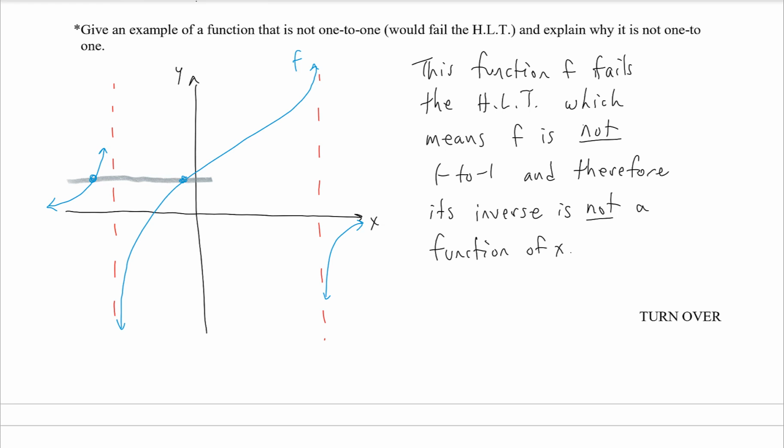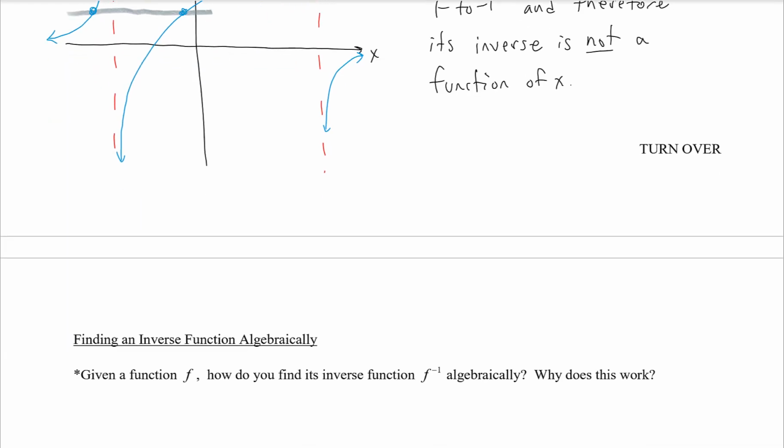Again, it's kind of the whole idea: we'd like to know ahead of time if the inverse is going to be a function of x or not.